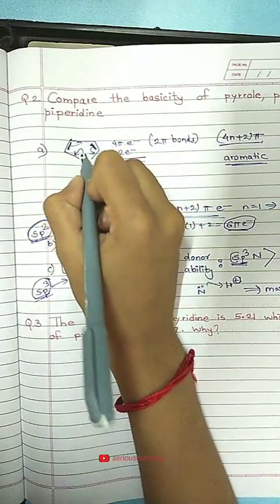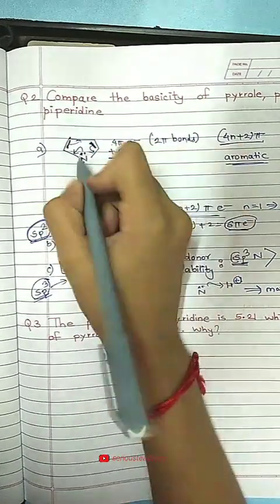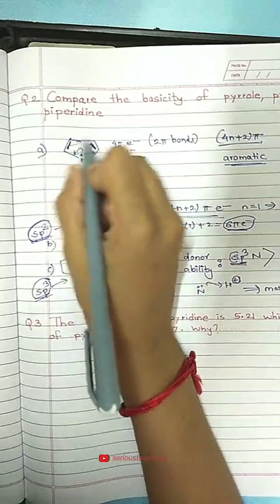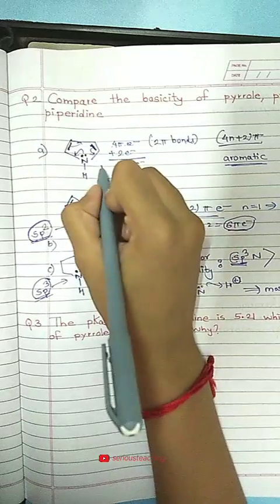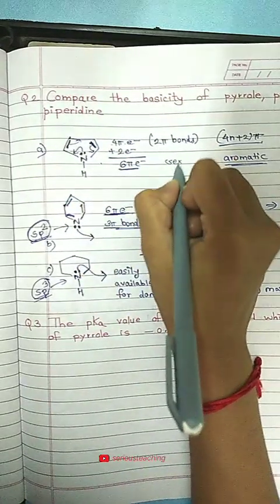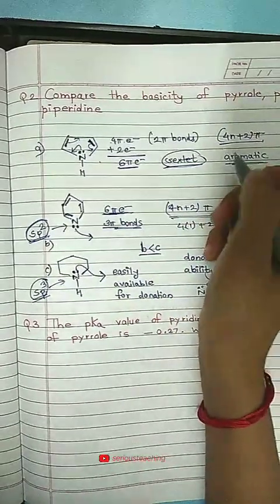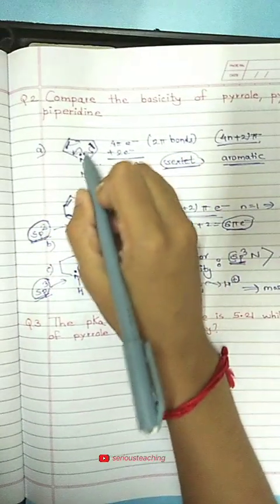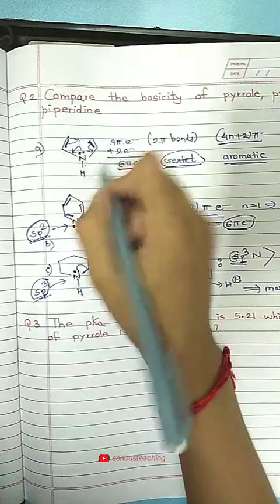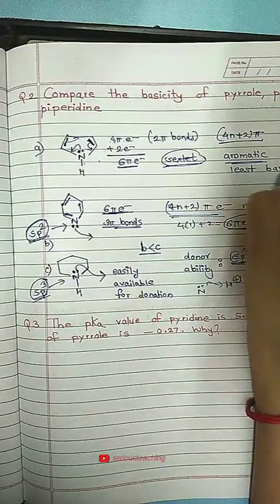And if these two electrons are in resonance, they cannot be easily donated. They are not available for donation, and therefore the lone pair of electrons on nitrogen in the pyrrole ring takes part in the aromatic sextet and cannot be donated. If the lone pair is not available for donation, the compound cannot be basic, and therefore it is the least basic among all three compounds.